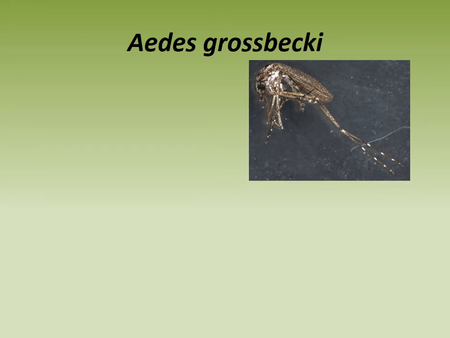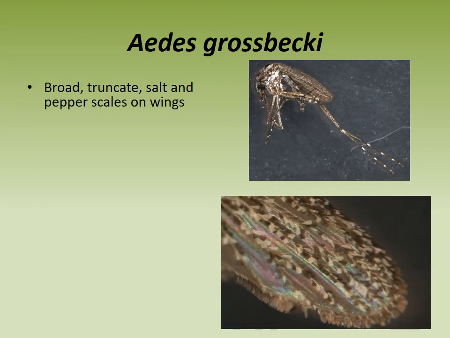So the characteristics of Aedes grossbecki. On their wings, the scales are broad, truncate-shaped salt and pepper scales. So as you can see, the salt and pepper is this, some are black, some are white, interspersed.